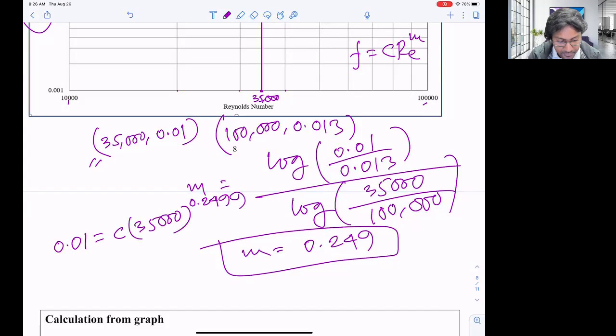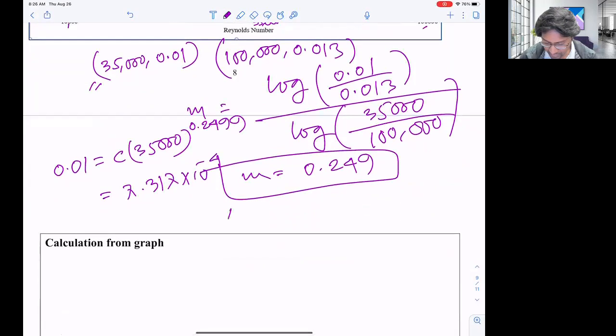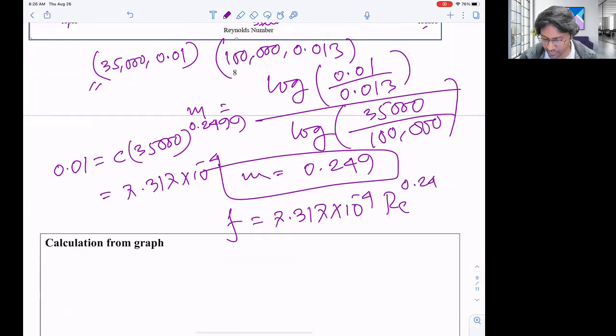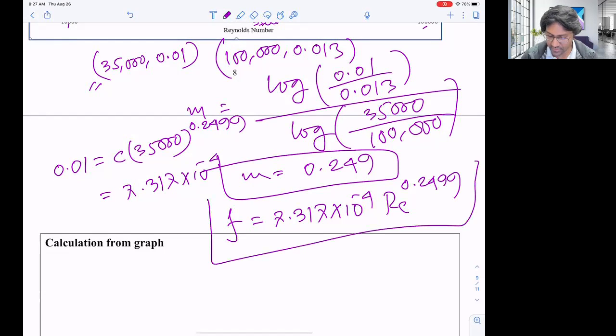So 0.01 divided by 35,000 to the power 0.2499, I'm getting C. C is 7.317 times 10 to the power minus 4. So that is the value we have. f is equal to 7.317 times 10 to the power minus 4, and Re to the power 0.2499. So that is the relationship between these two values. So we are done with this one.